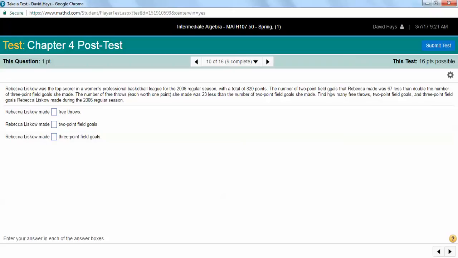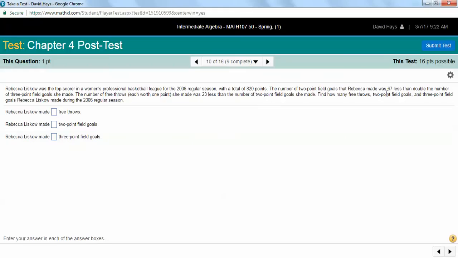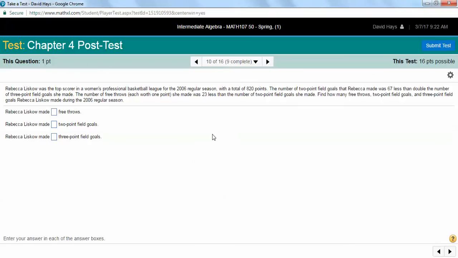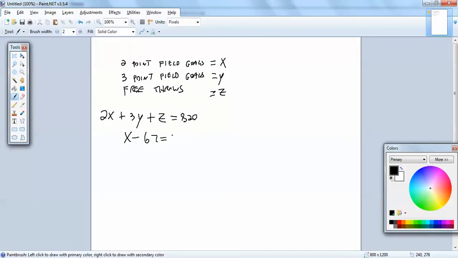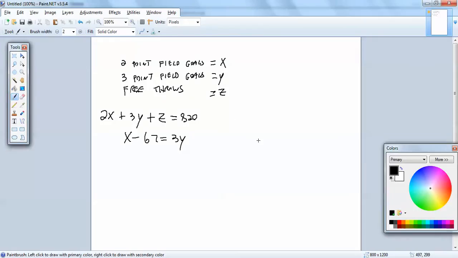The number of 2-point goals that Rebecca made was 67 less than double the number of 3-point goals. The number of 2-point goals is x. Was 67 less than double the number of 3-point goals. I always have trouble with this, getting this on the right side. So let me think this through. It was double the number of 3-point goals. Let's say 3-point goals was 30. So y is equal to 30.